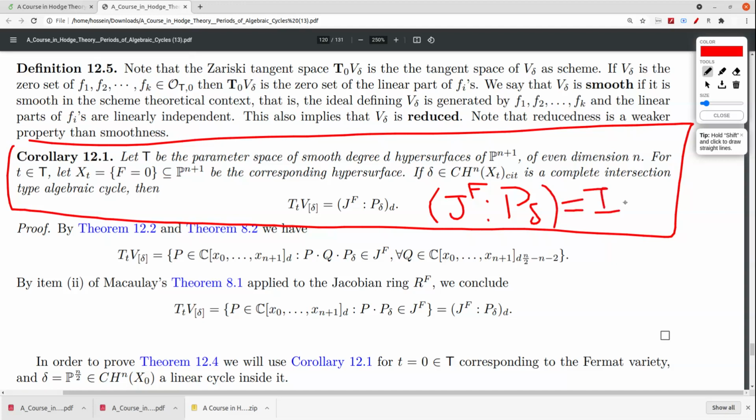This is I delta, and then its d pieces are also the same. So at the end, our tangent space will be this one. Here, for the sake of completeness, we have repeated the proof again.